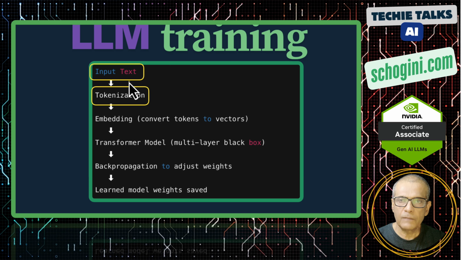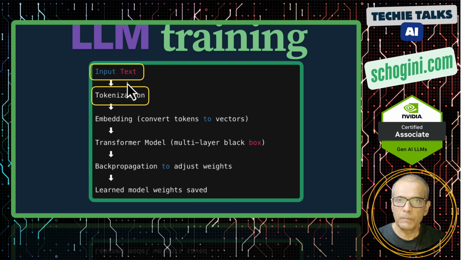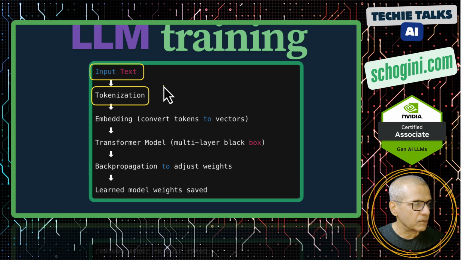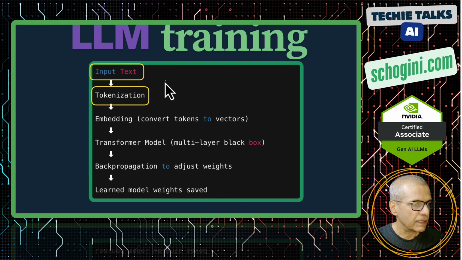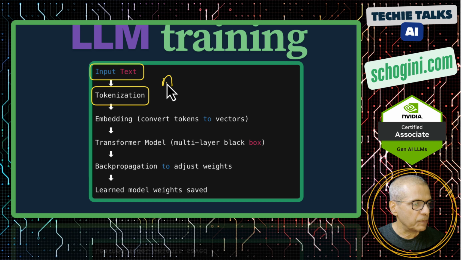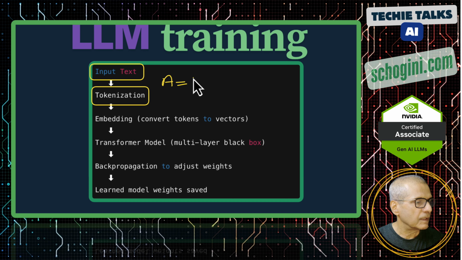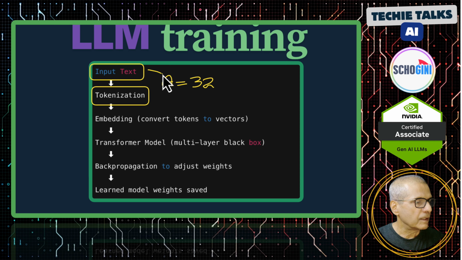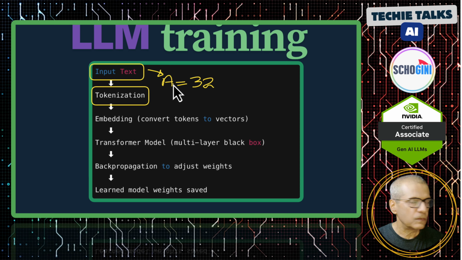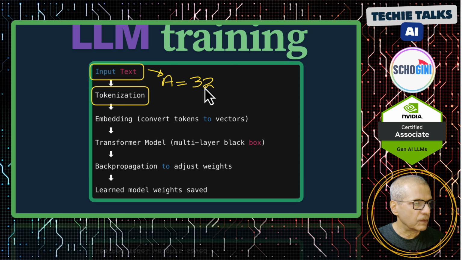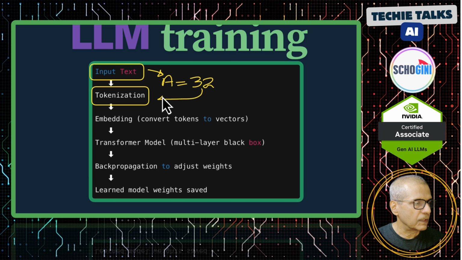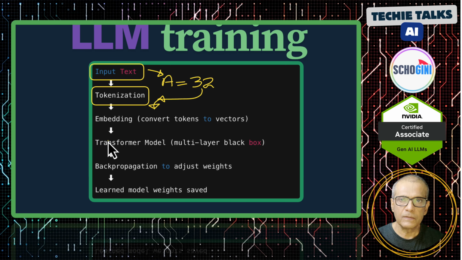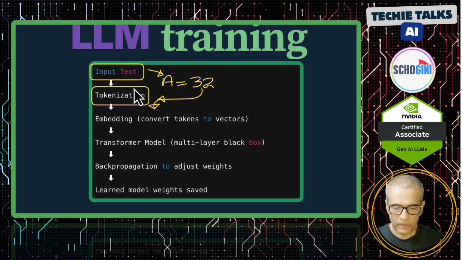It can be one alphabet, one word, or a portion of a word. What is important is that there is a one-to-one mapping. For example, if capital A is 32, that is, if we pass capital A to the tokenizer, the tokenizer will give us 32 always.